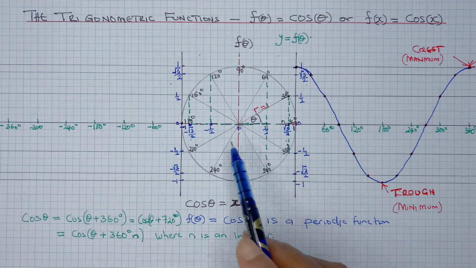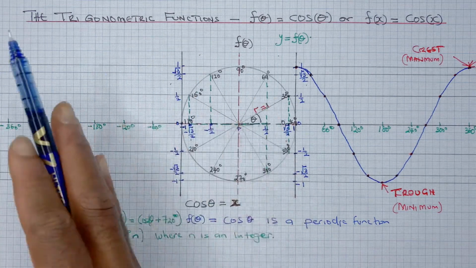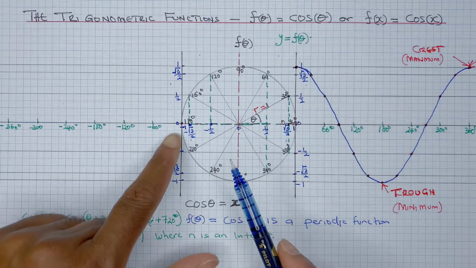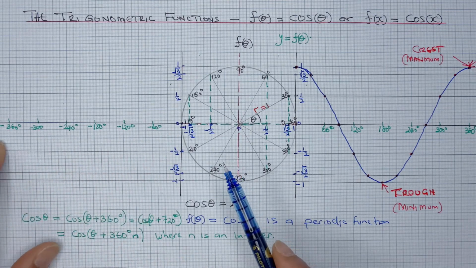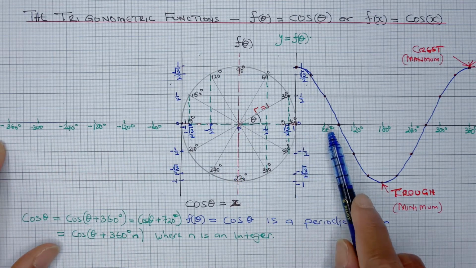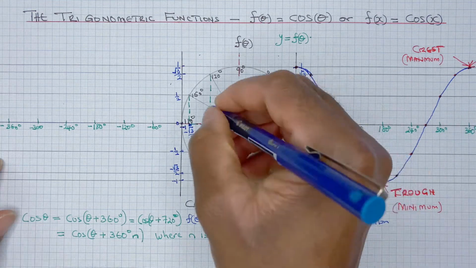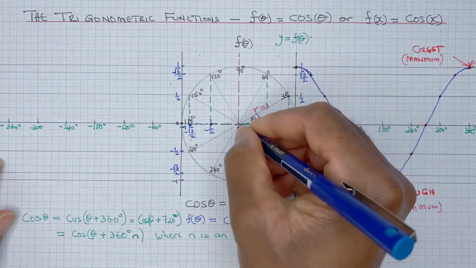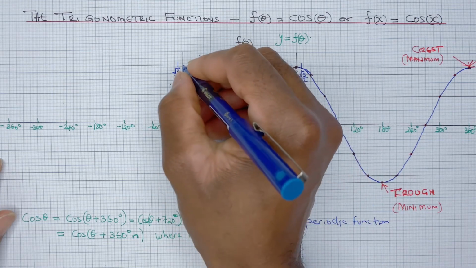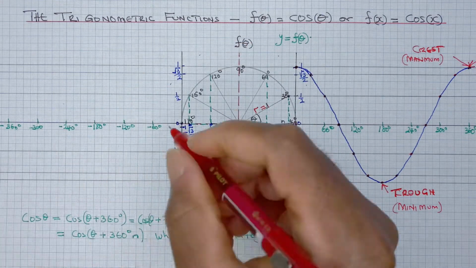Now we're going to plot the left-hand side, from 0 to minus 360. We've plotted from 0 to 360 degrees. That's what the cosine graph looks like. 0 degrees is 1, so we start with 1 here.